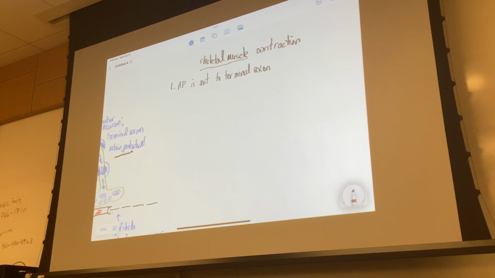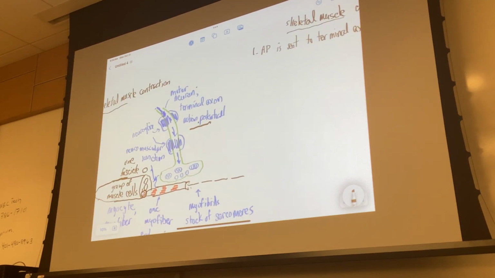AP is sent down the terminal axon. This space right here is called a neuromuscular junction. This is called a synapse, between the terminal axon and the myocyte, or the muscle, that neuromuscular junction.